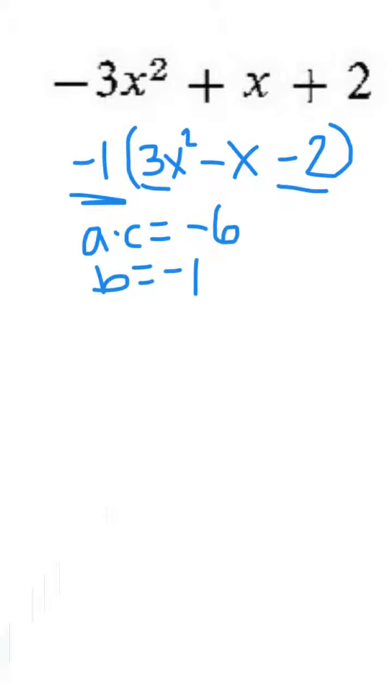So I have a negative product and a negative B, so I'm looking for 2 numbers of opposite signs, but the larger of the 2 numbers is going to take the negative sign. So 2 factors of 6 with a difference of 1, 2 and 3. 3 is the bigger one, so 3 will be negative, 2 will be positive.